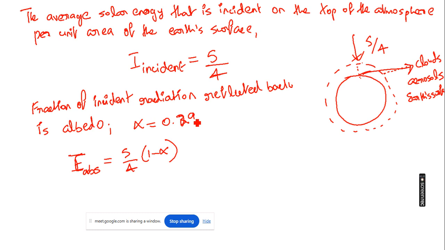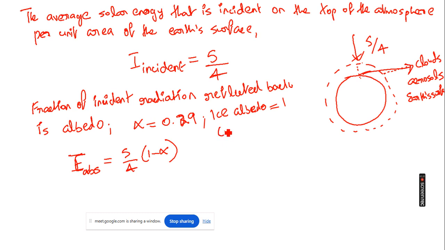Just one more thing. What is the albedo value in case of ice or glaciers? Different surfaces have different albedo values. In case of ice, the albedo will be 1, which means all the radiation incident is actually reflected back.